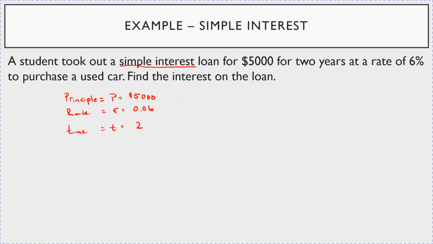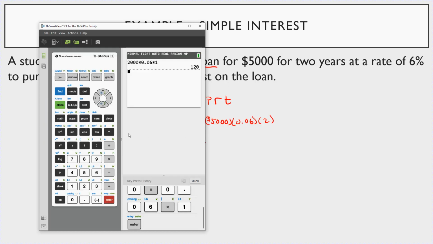simple interest loan. So that means the interest is equal to the principal times the rate times the time. So that's going to be $5,000 times 0.06, now times 2, because we're doing it for 2 years. So again, grab your calculator here. You go 5,000 times that 6% times 2 years.